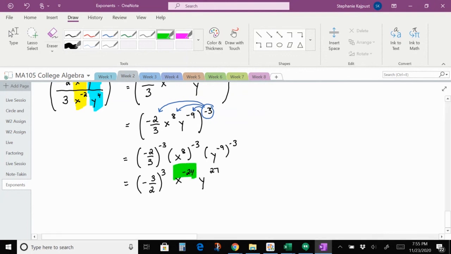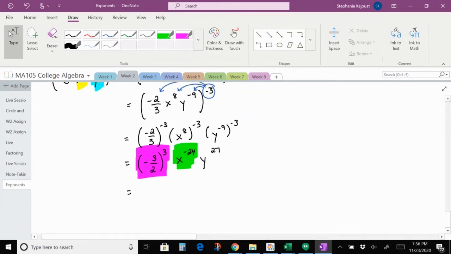So anything with this negative exponent we want to simplify, but we also want to simplify our -3/2 to the 3rd power. So I guess I'll just go underneath it. So a negative to an odd exponent, so negative to an exponent of 3, is going to stay negative, so I can put that negative sign in there.